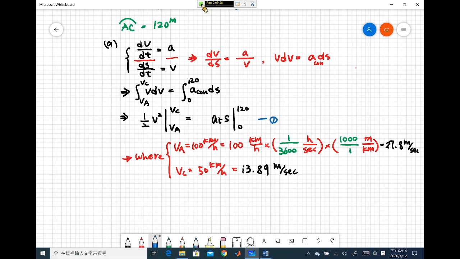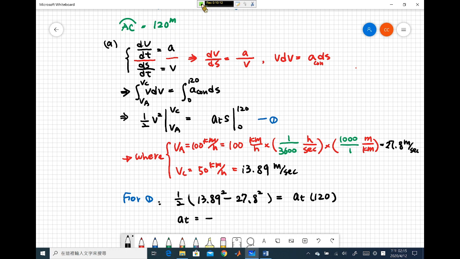From this equation, 1 over 2 times 13.89 squared minus 27.8 squared equals AT times 120. So your AT will be negative because it's a uniform deceleration, 2.41 meter per second squared.